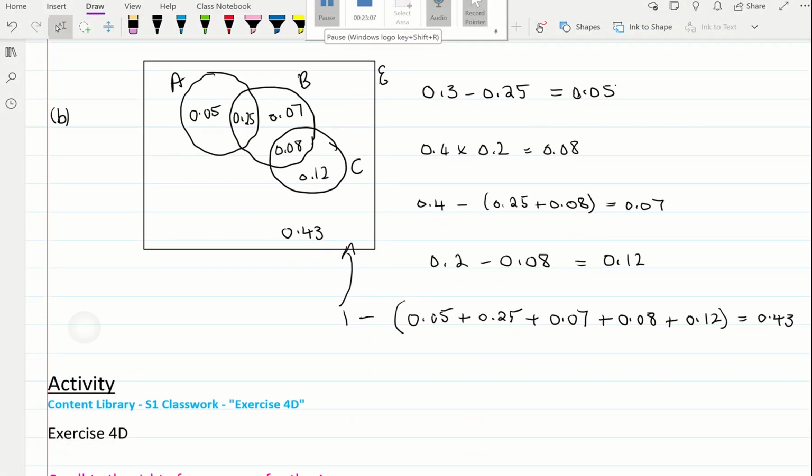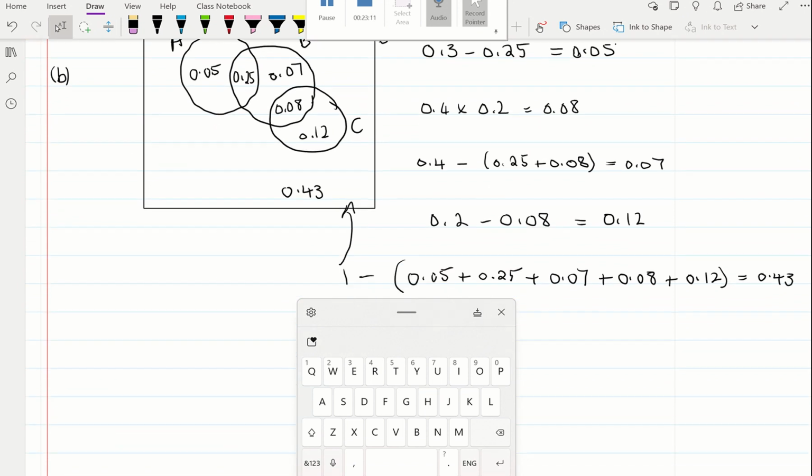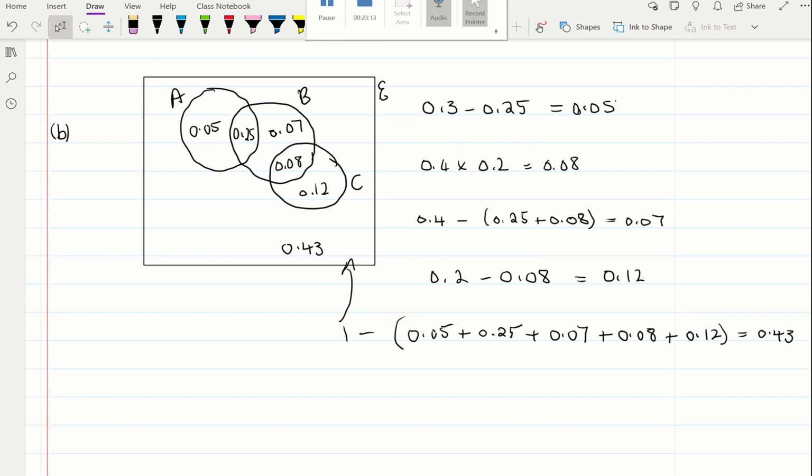I'm going to write the question here. Okay, so it's the probability. Put a big bracket. The intersection of A and the complement of B.